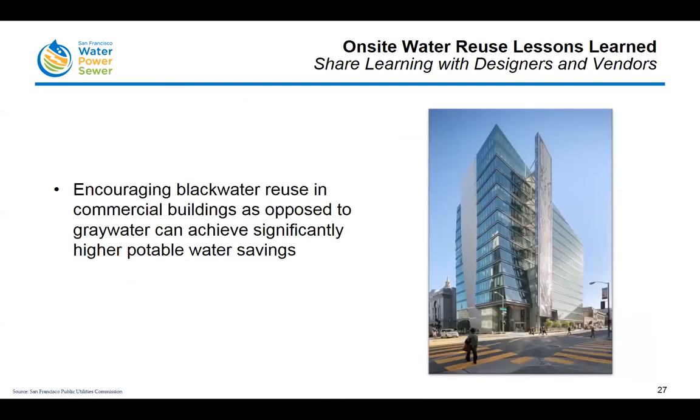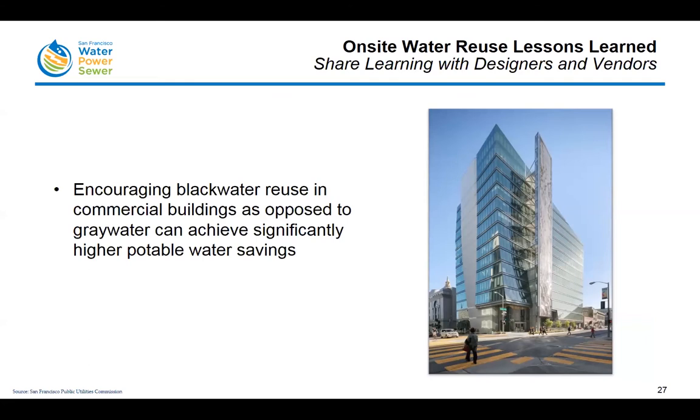One of the lessons learned that we share with designers and developers, just a very short example, is that encouraging blackwater reuse in commercial buildings as opposed to graywater can significantly achieve higher potable water savings. This is really because commercial buildings don't produce a lot of graywater.